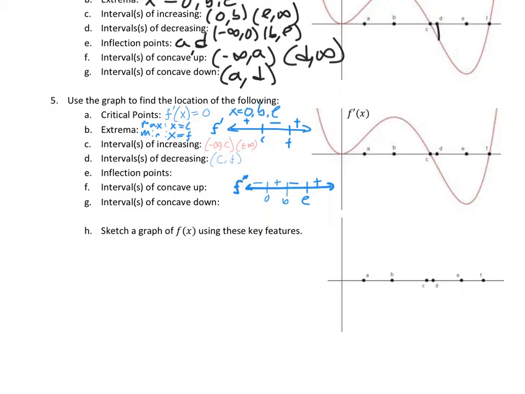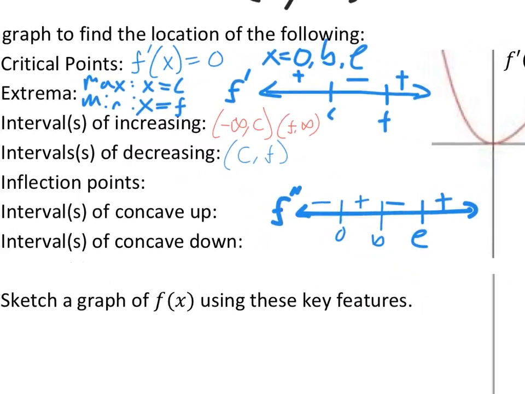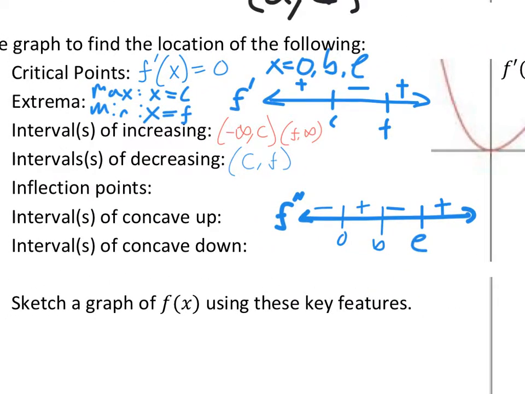So this little chart here, this little number line can be super helpful, all right? So with that now, let's just even ignore the graph, and we can see inflection points. That's where concavity changes. That's going to happen at 0.